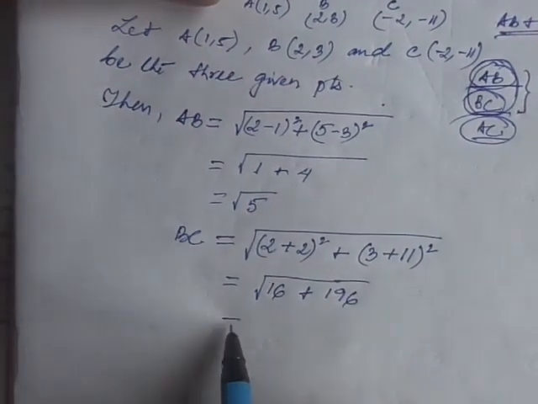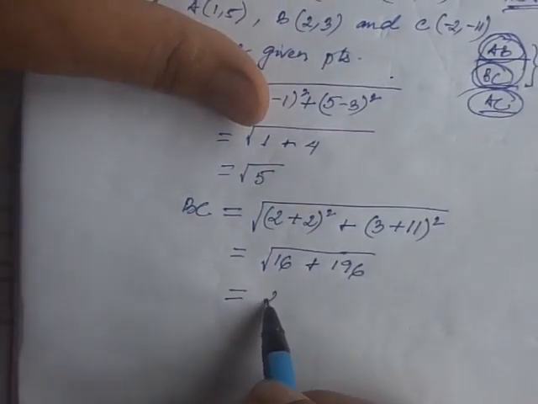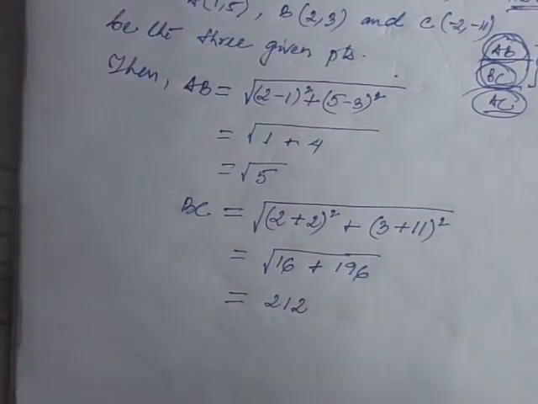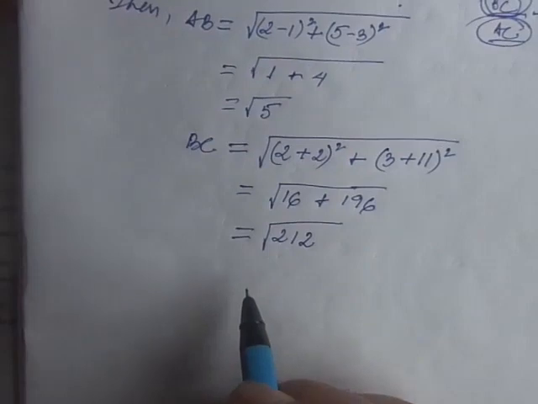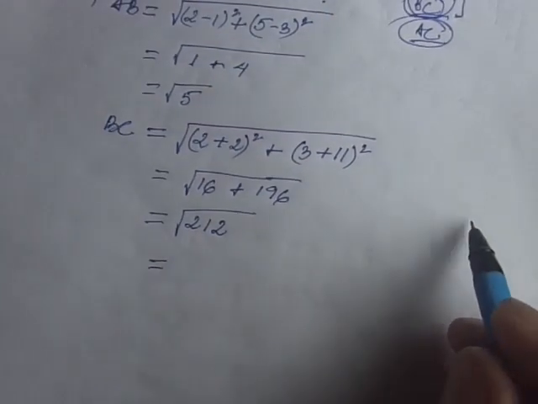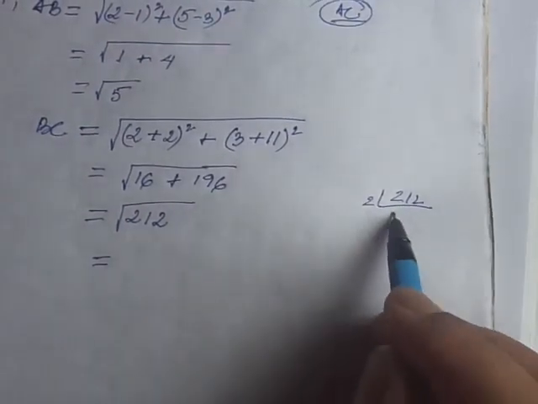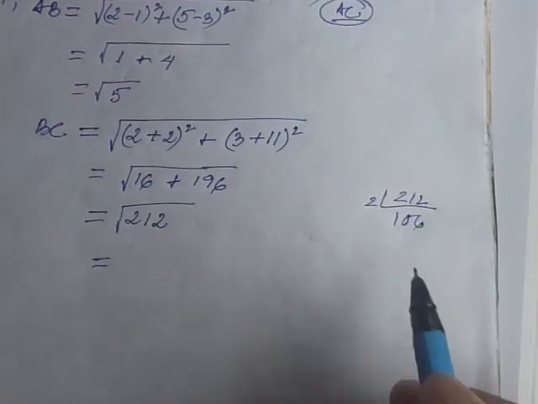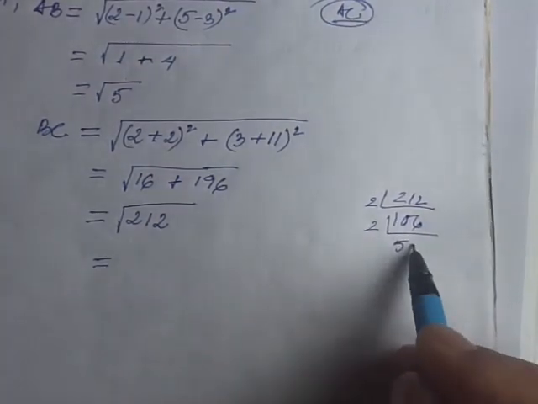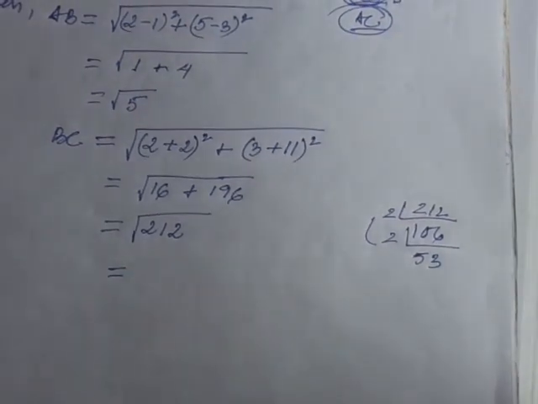If we add these two together, we get 212. So the square root of 212, let's see here, 212 is 4 times 53, so that means 2 root 53.